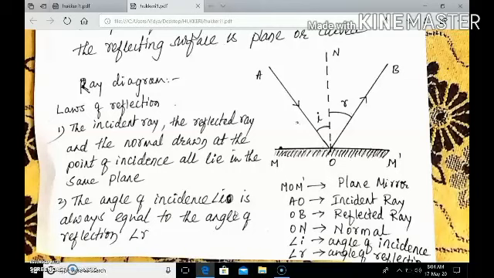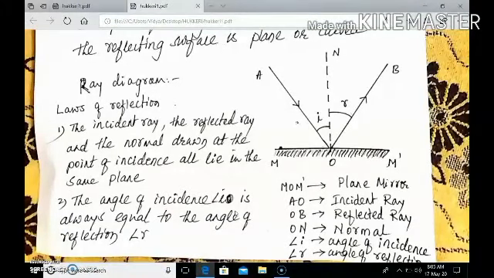A ray of light AO is incident obliquely on the plane mirror at a point of incidence O. After reflection, the reflected light travels along OB. ON is the normal drawn through the point of incidence.